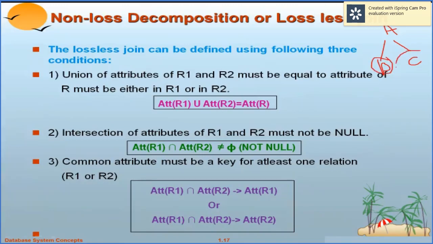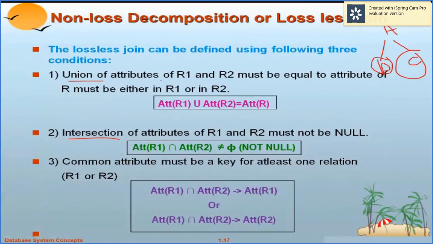So how to see that? These are the conditions in front of you. The first one, applying a union operator. Second, you go for the intersection operator. And last, you have to check for the common attribute present between these two relations. Now let's proceed. What is the first checking condition?